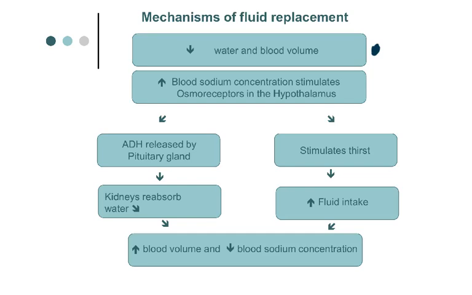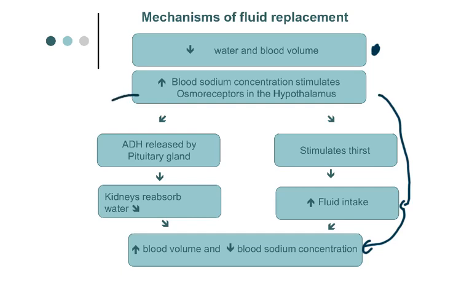So this increase in blood sodium concentration stimulates the osmoreceptors in the hypothalamus. Okay, this then does a couple of different things. Down this pathway, it will stimulate thirst, so it's going to make us feel thirsty. So when we feel thirsty, we get a drink, have some water, we increase our fluid intake, and that will increase blood volume and decrease sodium concentration.